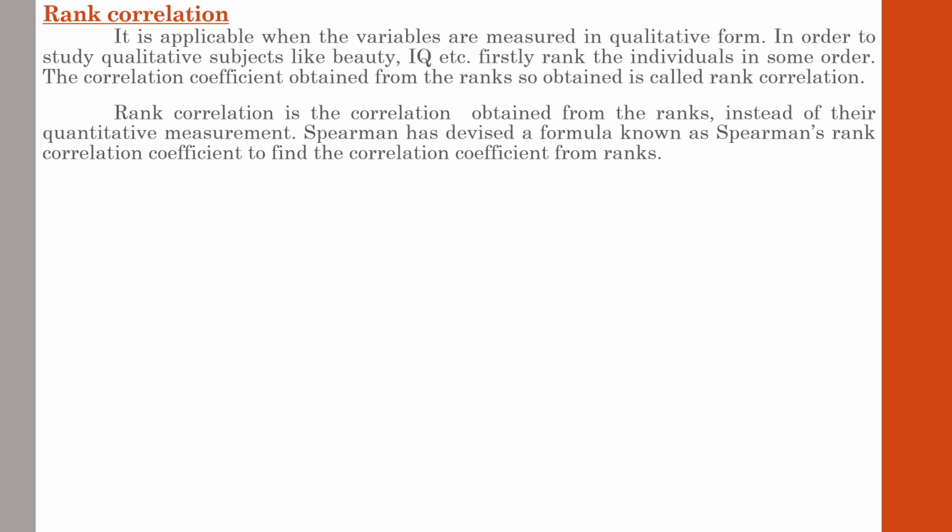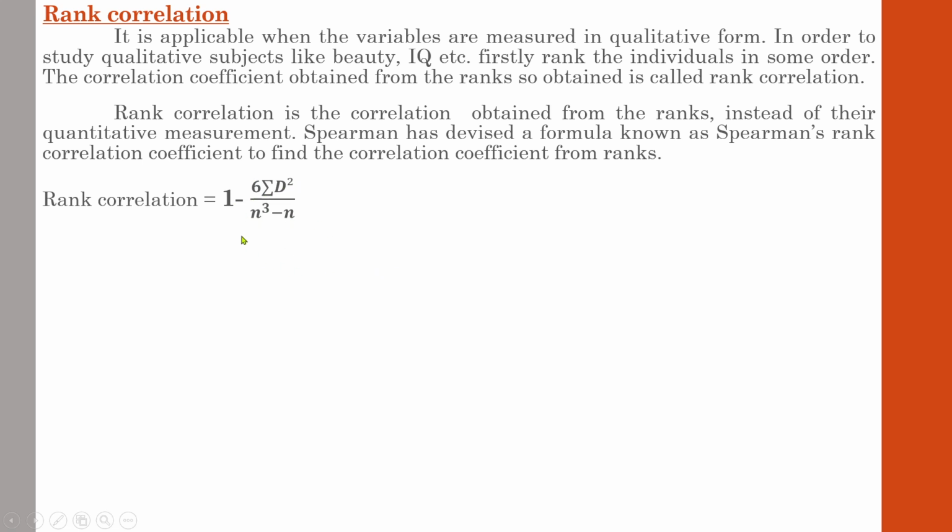According to Spearman's method, the formula for rank correlation is: rank correlation equal to 1 minus 6 sigma d square divided by n cube minus n. If you go through the text or Google, you can see that the equation may have a different style. In some situations, they might use 1 minus 6 sigma d square divided by n into n square minus 1.